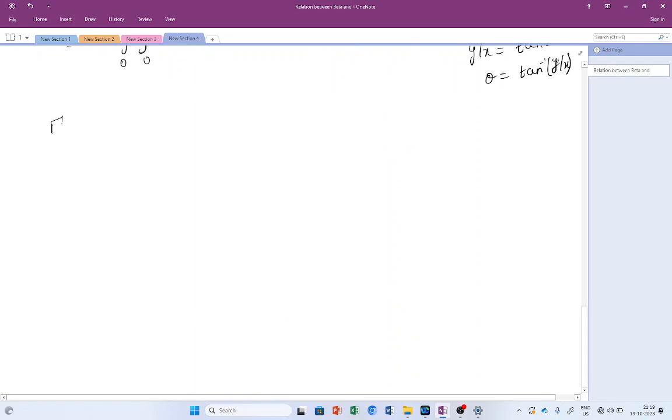So gamma of m into gamma of n, which I wrote in the final step, was 4 into integral from 0 to infinity, 0 to infinity, e power minus (x square plus y square), x power 2m minus 1, y power 2n minus 1, dx dy.